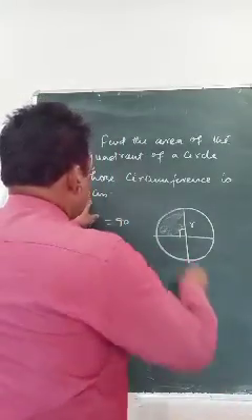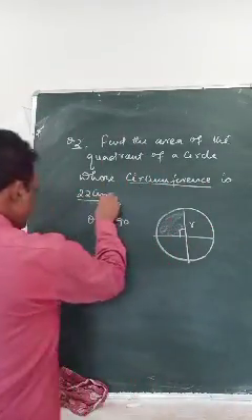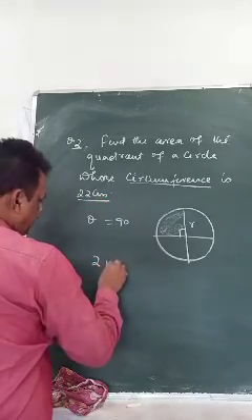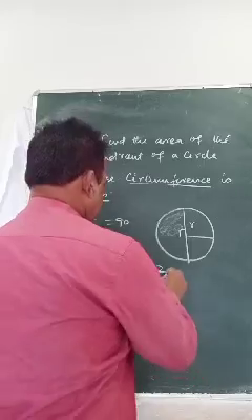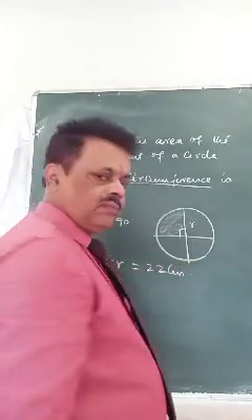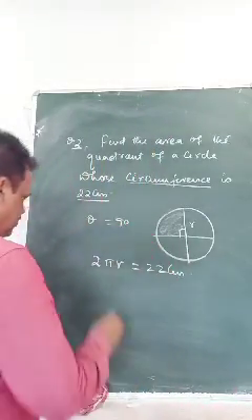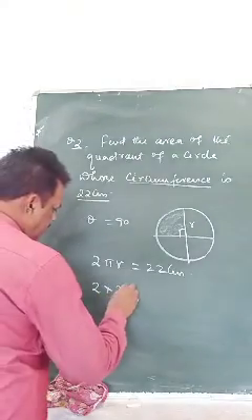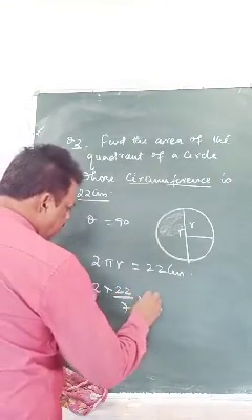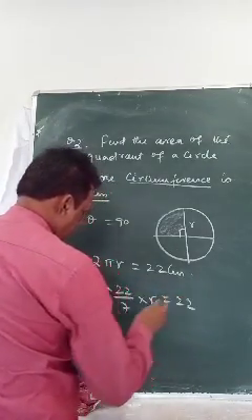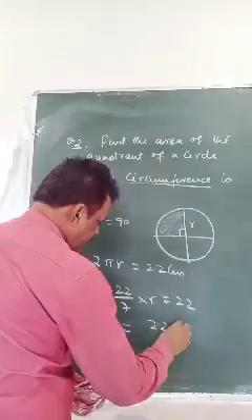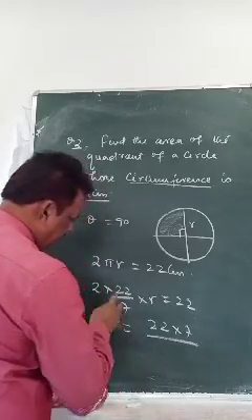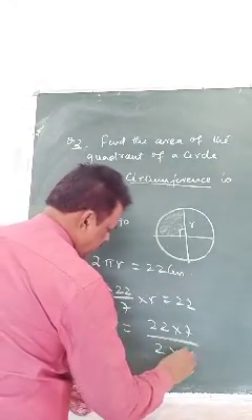How to find it? The circumference is given. So 2 pi r equals 22. From here you can find out: 22 by 7 into r is 22. R is, look, division will be multiplication, 22 into 7, multiplication will be division, 2 into 22.